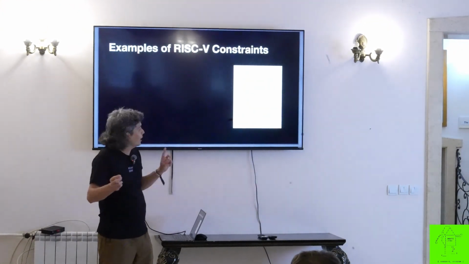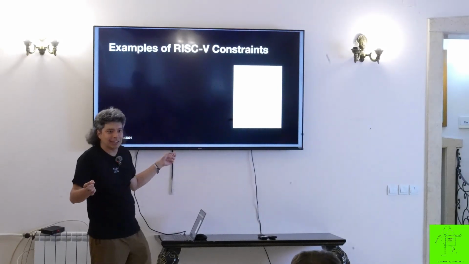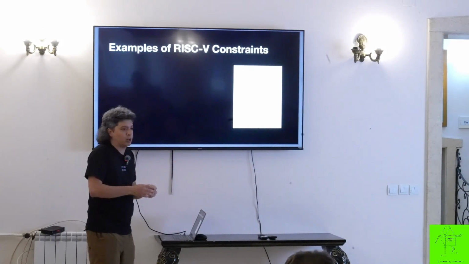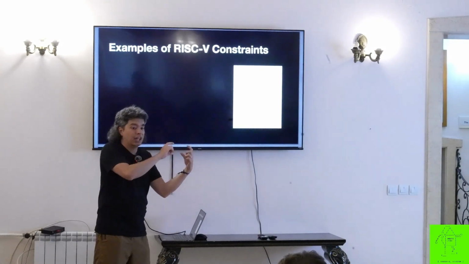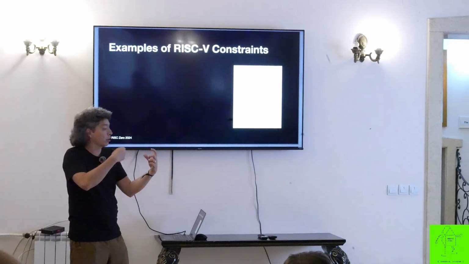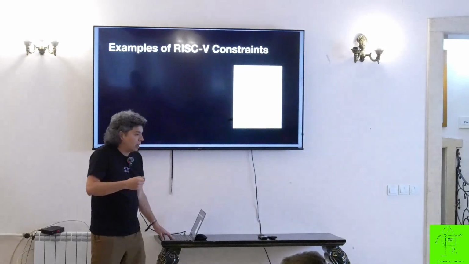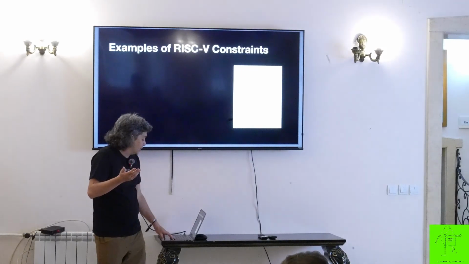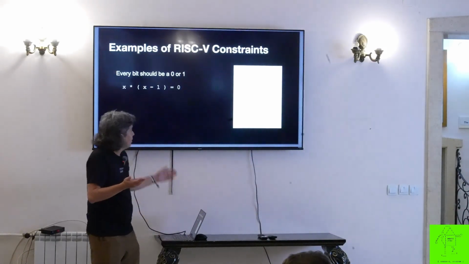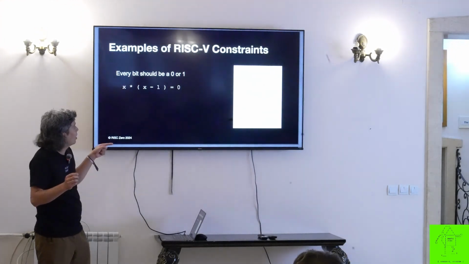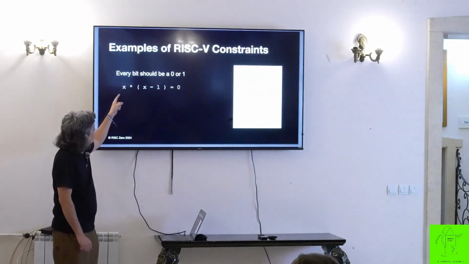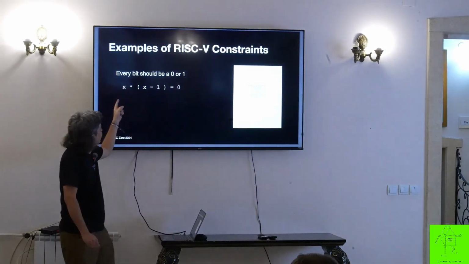Well, we talked about how RISC-V executes, right? About how each of the instructions has very specific rules as to what it means to be done correctly. And one example is this statement right here. Every bit should be a 0 or a 1, which can be encoded in expressions like this.